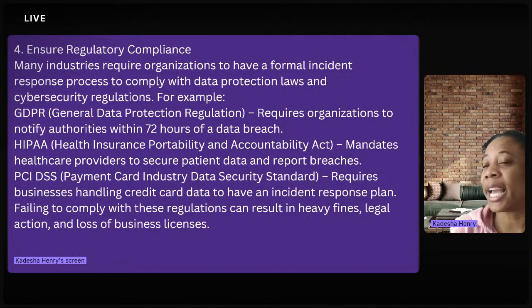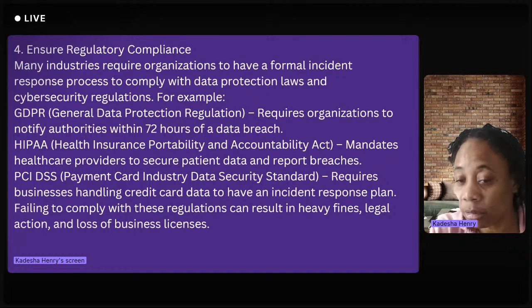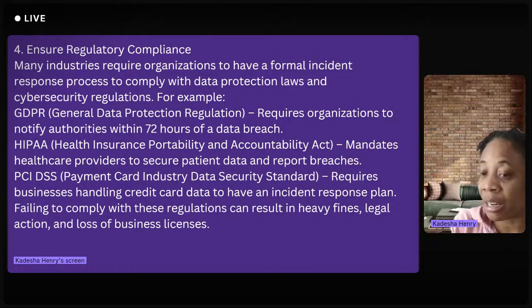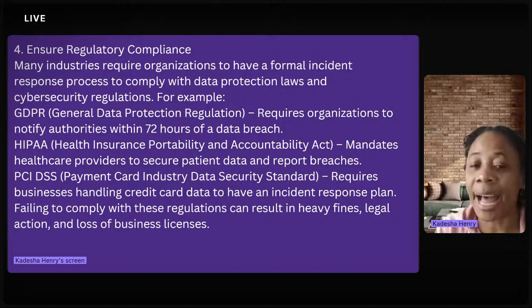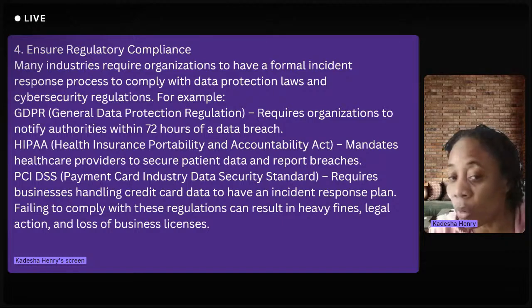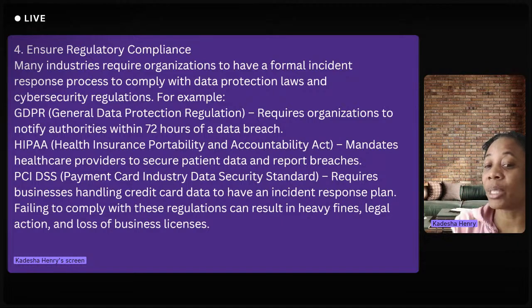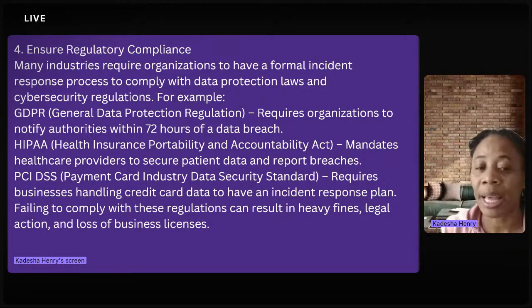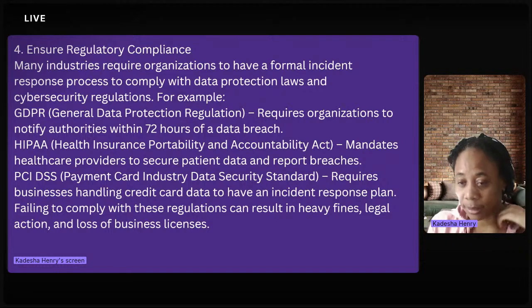The PCI DSS, the Payment Card Industry Data Security Standard, requires businesses handling credit card data to have an incident response plan, right? Failing to comply with these regulations can result in heavy fines, legal action, and loss of business license.